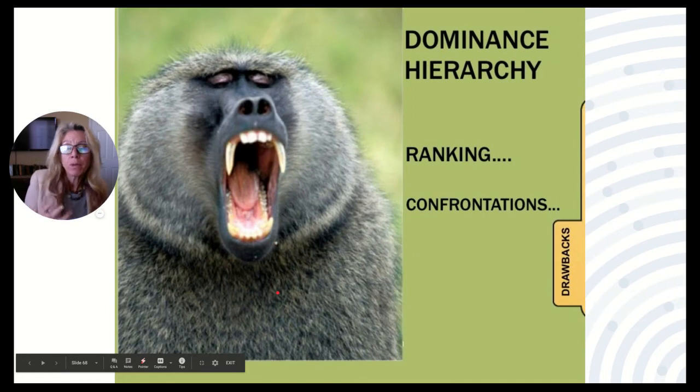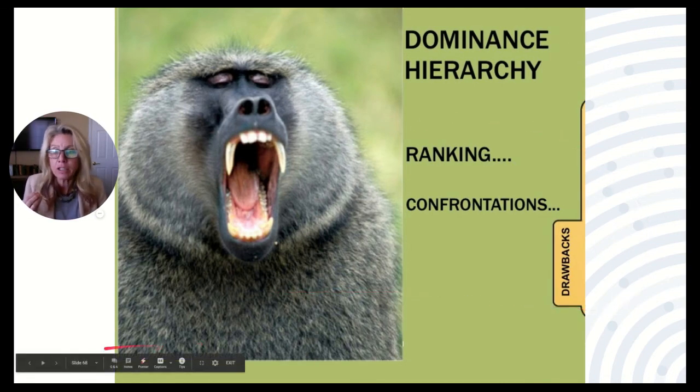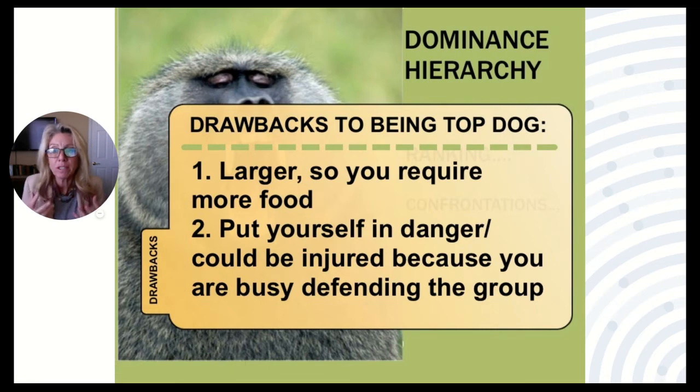When you are dominant, yes, you have more access to females, more likely to reproduce, and this is all established by rankings and confrontations, but there are drawbacks to being the largest male, to being top dog. You're larger, so you have to have access to more food, and you're putting yourself in danger too. So that's all part of the cost-benefit analysis. So dominance hierarchies, a higher ranking animal has greater access, that's the word you need, to resources than a lower ranking.